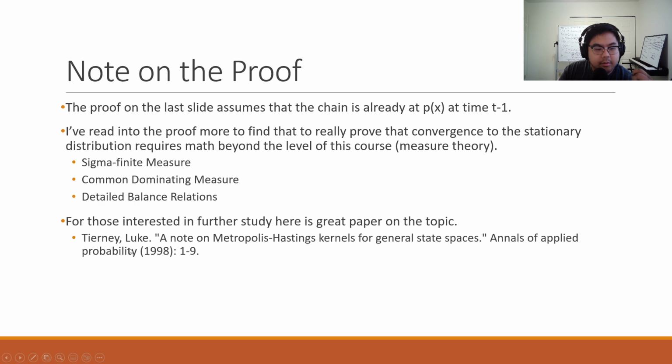But there's a great paper on it called A Note on Metropolis Hastings Kernels for General State Spaces, and it goes pretty in depth on it, and it'd be a great read if anyone is curious about the convergence to the target. It's by Tierney and Luke.